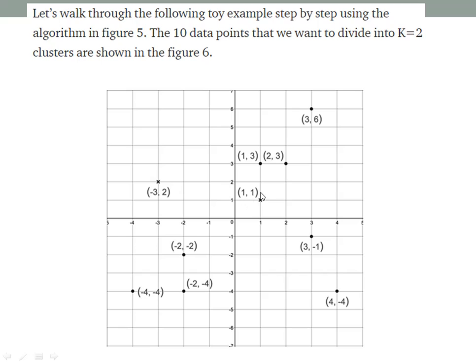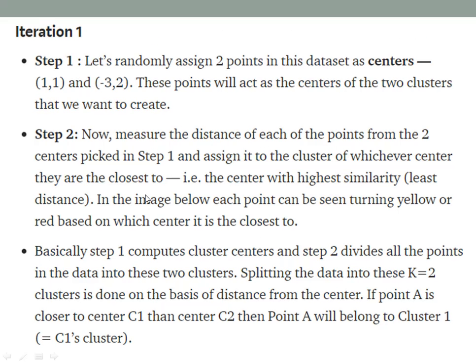So we can have (1, 1) as our first cluster center, and (-3, 2) as our second cluster center. These points will act as the centers of the two clusters that we want to create. So these 2 points will be acting as the centroids or the cluster centers, right? So this was step number 1, in which we have our cluster centers.